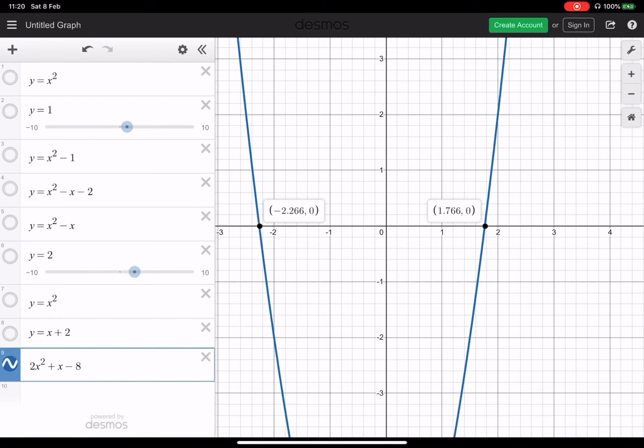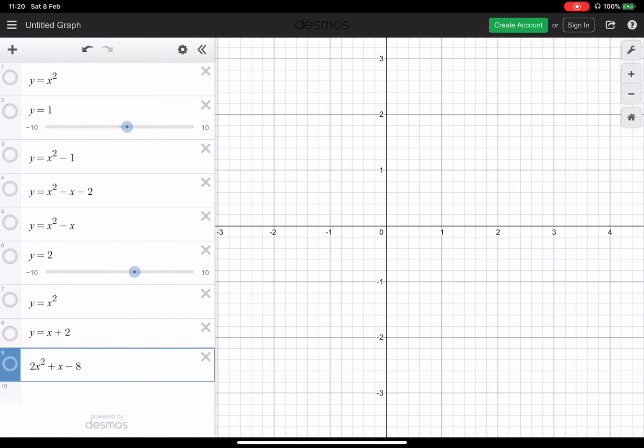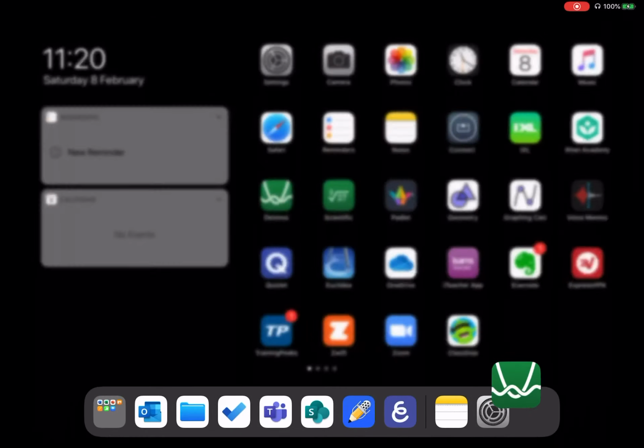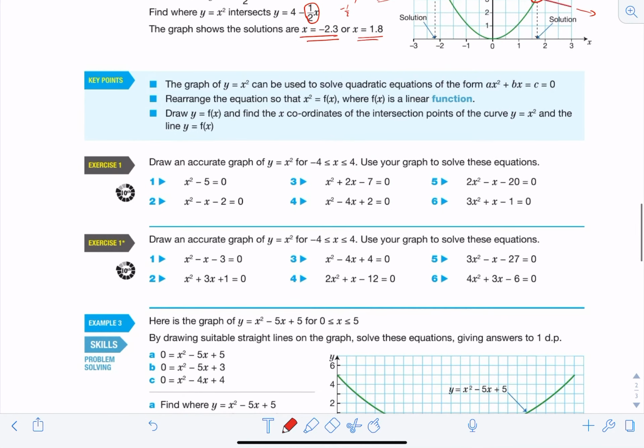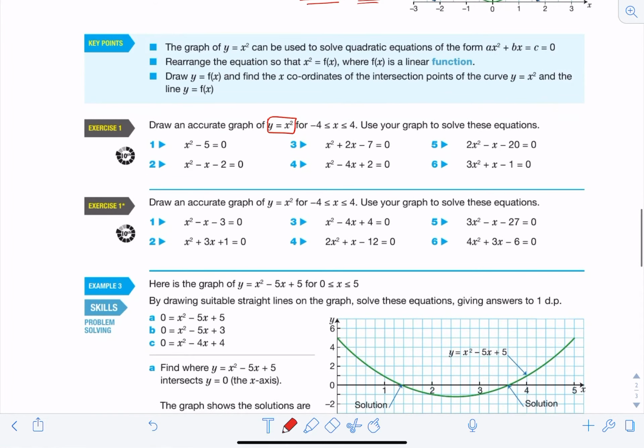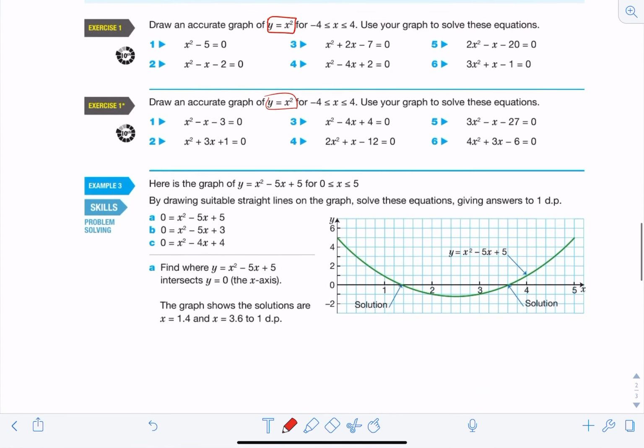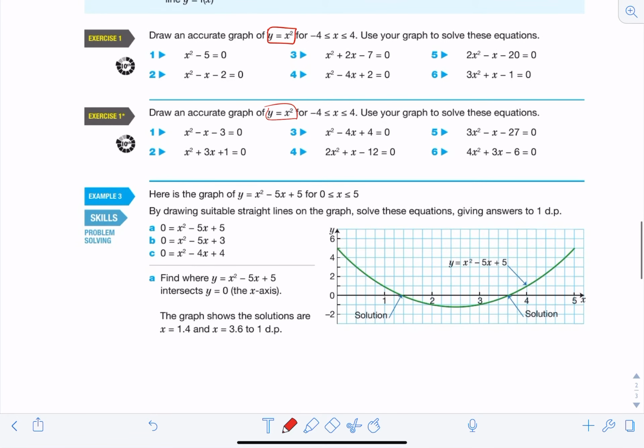Now, just whilst I'm in Desmos, I'm going to draw your attention to one other thing as well. No, I'm not. I'm going to carry on with this. So these exercises here, you've got using y equals x squared, and then this one also is y equals x squared, right?